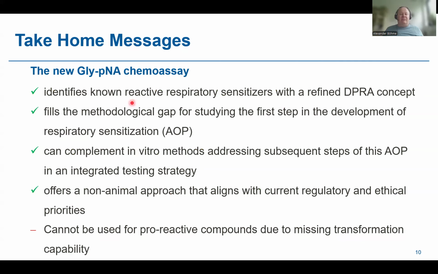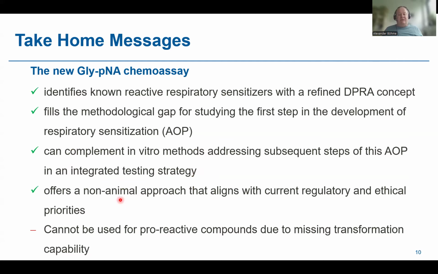Okay, let's recap. Our assay is not completely new, but it's an improved DPRA protocol, and it allows you to identify known reactive respiratory sensitizers. It addresses the first step of the AOP of respiratory sensitization, the covalent binding to proteins, and together with other in vitro methods, it can be used in an integrated testing strategy to assess the respiratory sensitization potential of chemicals.